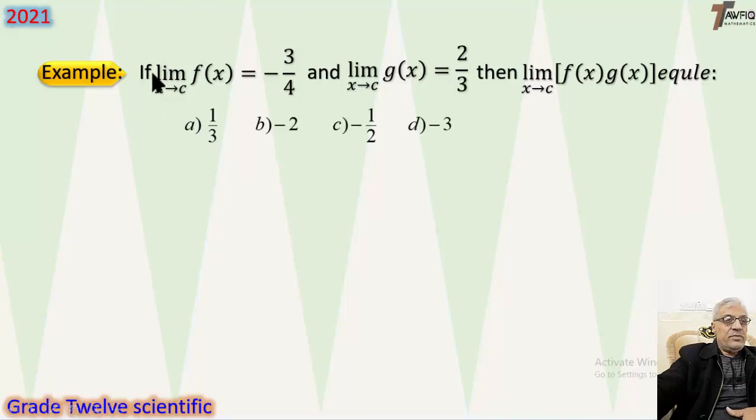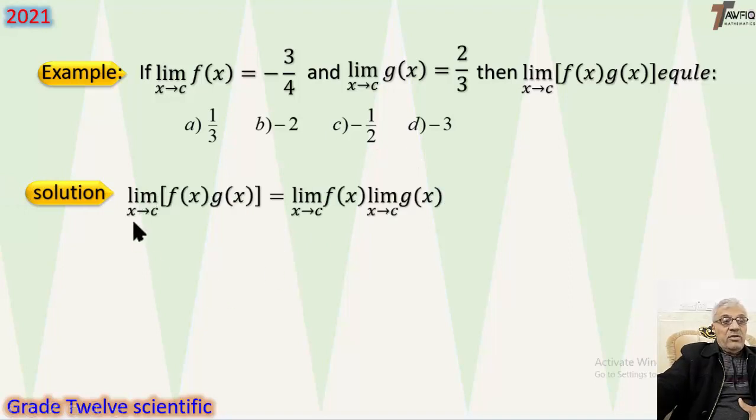Another example, if the limit as x approaches c of f(x) is equal to minus 3 over 4 and the limit as x approaches c of g(x) is 2 over 3, then the limit as x approaches c of f(x) times g(x) is equal to a, b, c, or d.